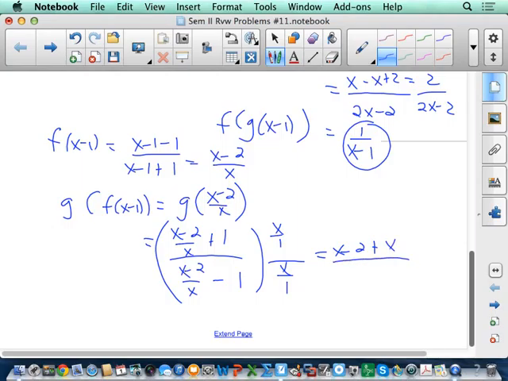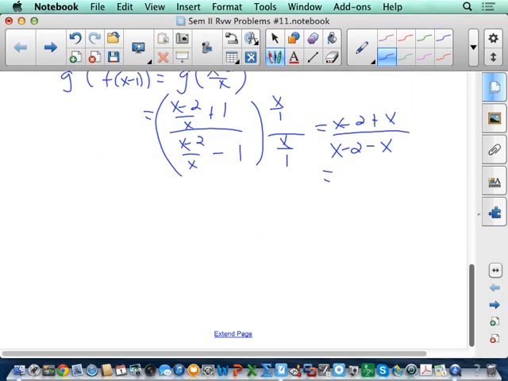And then the denominator becomes, these x's cancel out. So x minus 2 minus x. So this becomes 2x minus 2 over negative 2. And then we can cancel out the 2's. So you get negative x plus 1, which is 1 minus x.